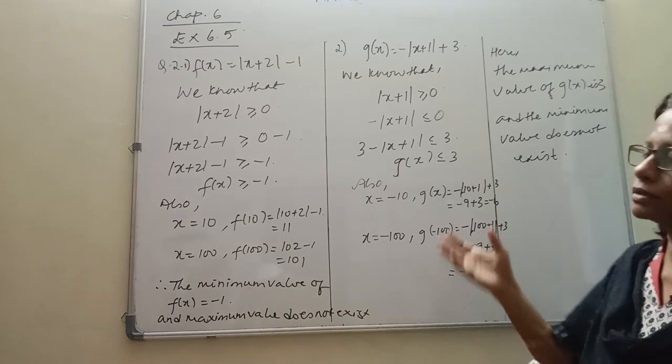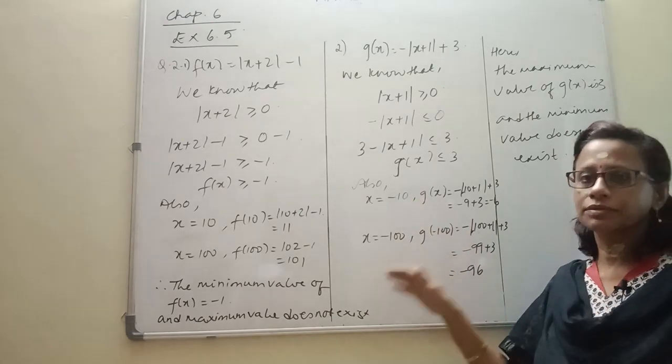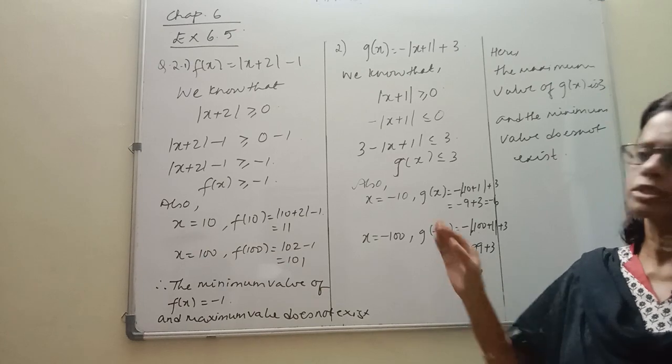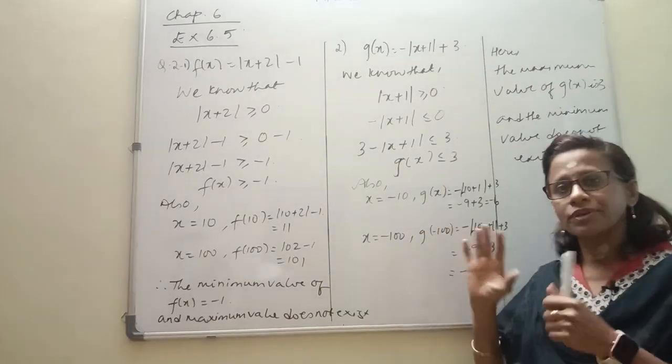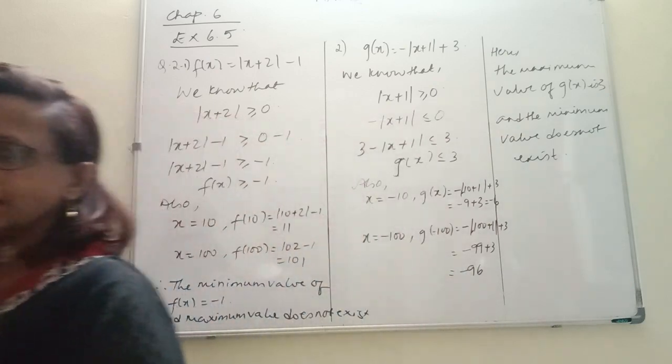That's how it is. The maximum is there, but the minimum does not exist. And why it does not exist, we got ourselves convinced by taking some of the examples. So that'll be all for this video, because they both are simple problems, the same kind of problem. So we have done it like that. Now with more problems, we'll meet in the next video. Thank you.